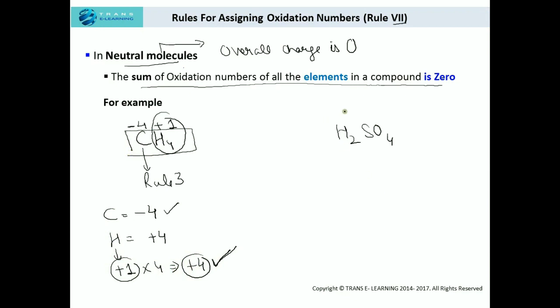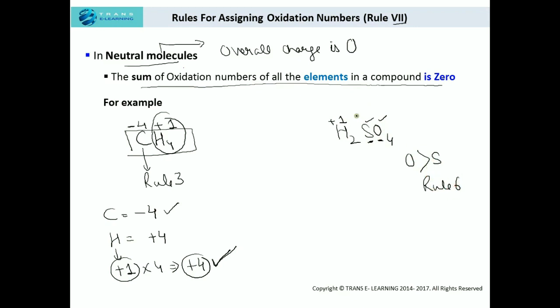Same here. As hydrogen is with sulfur and oxygen, which are more electronegative and they are non-metals, as per rule 3, the hydrogen will have the +1 oxidation state. Now, out of sulfur and oxygen, oxygen is more electronegative as compared to sulfur as per rule 6.